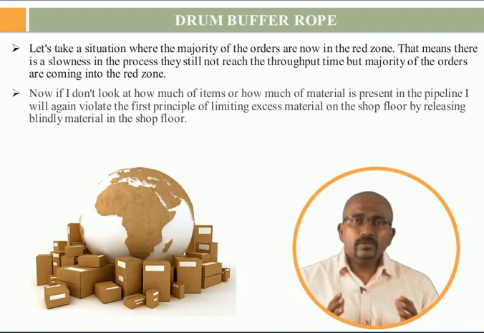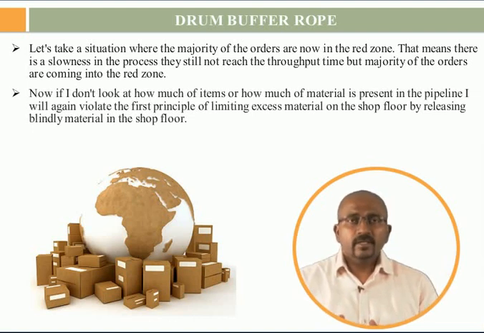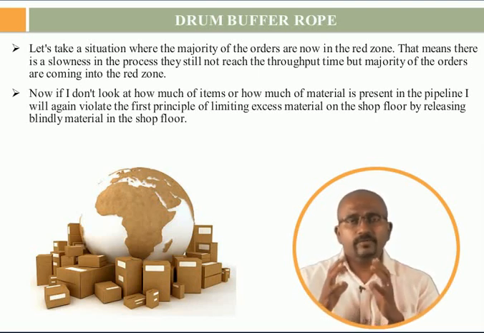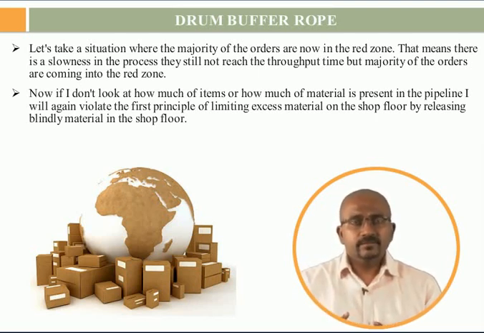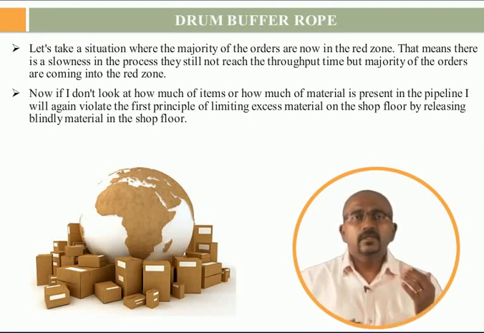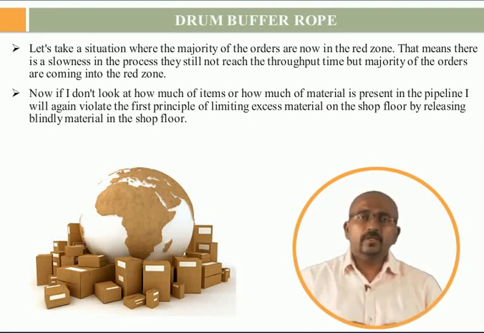Now, if I don't look at how much material is present in the pipeline, I will again violate the first principle of limiting excess material on the shop floor by releasing material blindly on the shop floor.